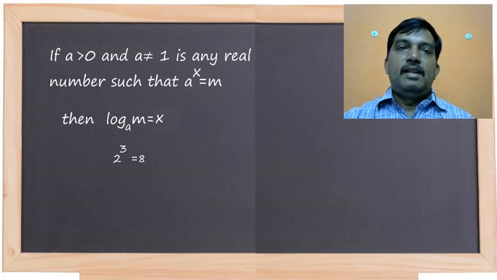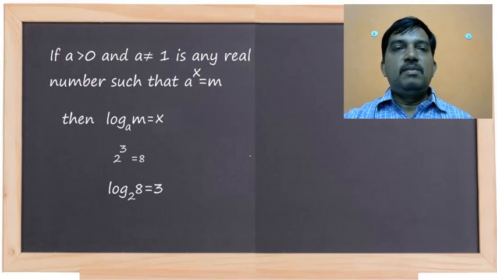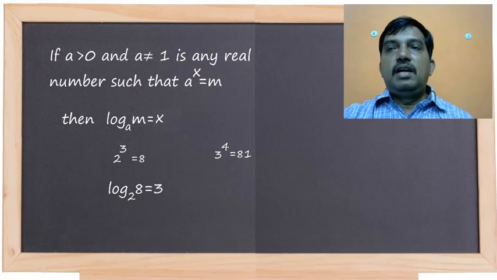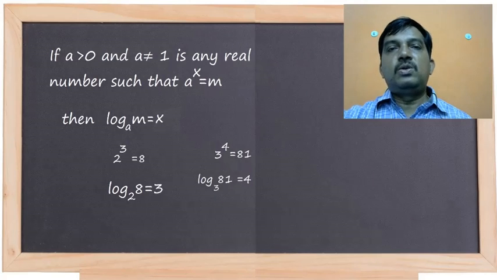Now let us take some standard values. Take 2 cube. What is 2 cube? 2 cube is equal to 8. Therefore logarithm of 8 to the base 2 is equal to 3. I will take some other example. What is 3 to the power 4? 3 to the power 4 is equal to 81. Therefore logarithm of 81 to the base 3 is equal to 4.